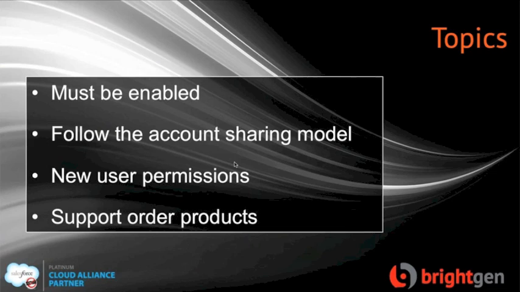So users that have read access to an account also have read access to all orders associated with the account. And when orders are enabled, there are new object and user permissions that appear in profiles and need to be configured to control access to orders in much the same way that you would any other standard object. There's nothing particularly special about how you would configure those orders. There'll just be additional ones that you're probably not used to seeing up until now.